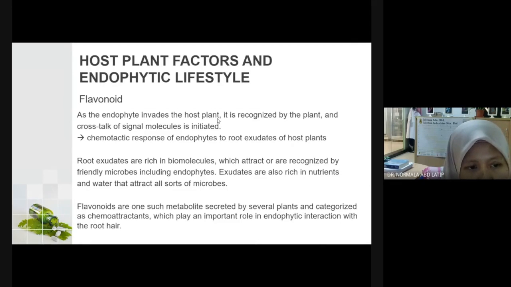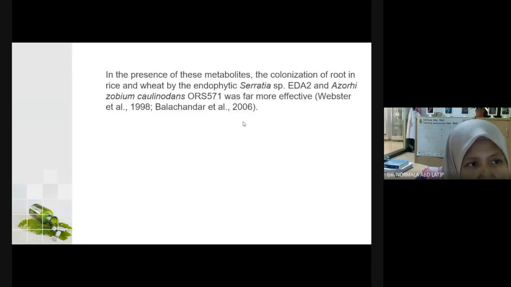Flavonoids are metabolites secreted by several plants and play an important role in the endophytic interaction with the root hair. In the presence of these metabolites, the colonization of roots in rice and wheat by the endophytes was more effective compared to without the presence of flavonoids.